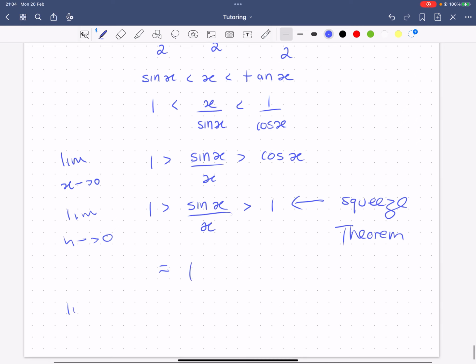So therefore the limit as x approaches 0, not h, the limit as x approaches 0 of sine of x on x is equal to 1. So we've just proven that that limit is true.